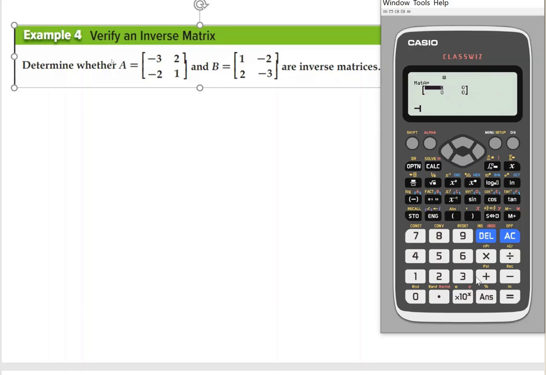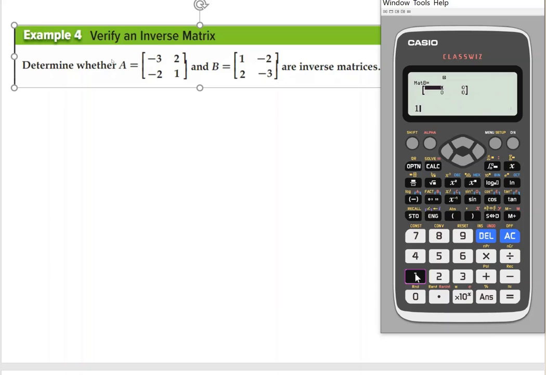And I'm going to put in minus 3 equals 2 equals minus 2 equals 1 equals. And then I'm going to go to my option and define another one. So define, and this time I'm going to do number 2 for B. So 2 rows, 2 columns.